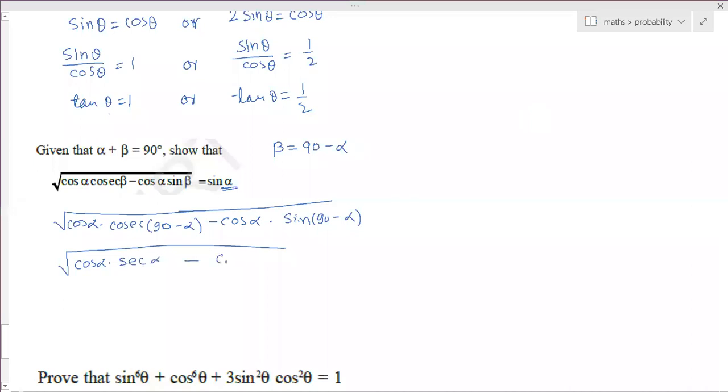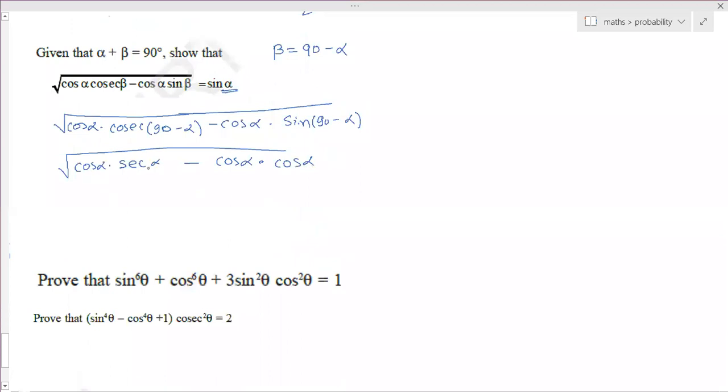Sec alpha minus cos alpha into sin 90 minus alpha, cos alpha. So here it is now, cos into sec is cos alpha into sec alpha, 1.